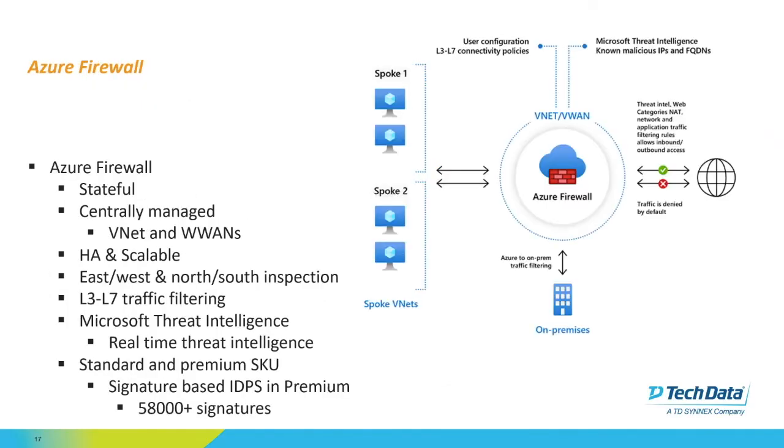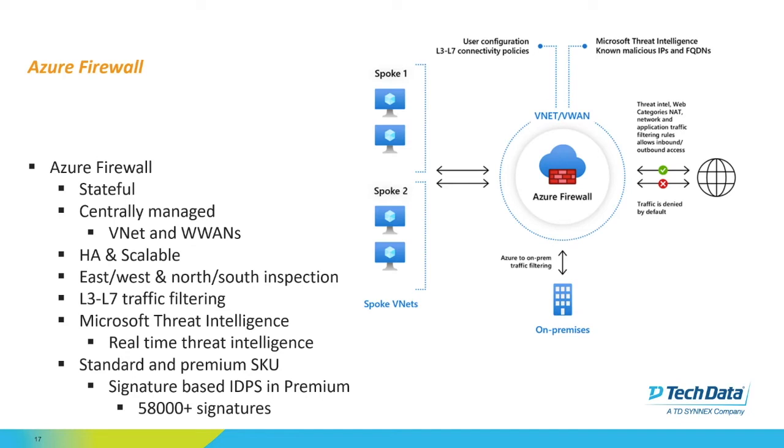We also have another functionality called Azure Firewall, which is a stateful and also centrally managed firewall that is applied either on a vWAN or a virtual network. It has the possibility for up to layer 7 traffic filtering, fairly advanced.